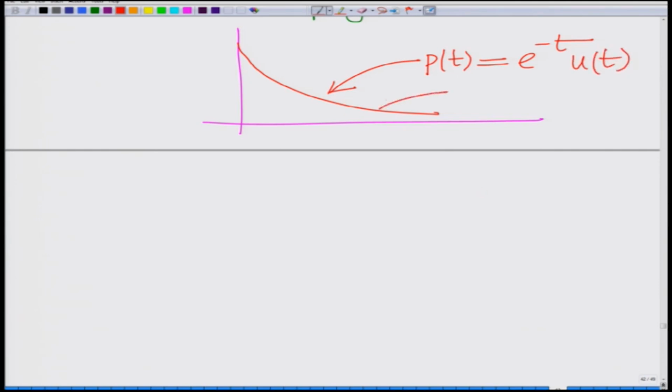This is my impulse response, the response of the pulse shaping filter. I can simply call this the pulse shaping filter. This is t, this is Pt.